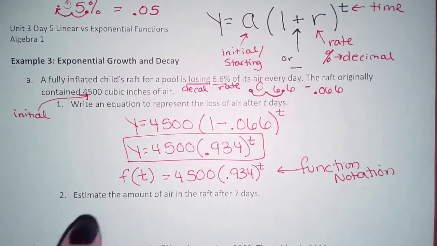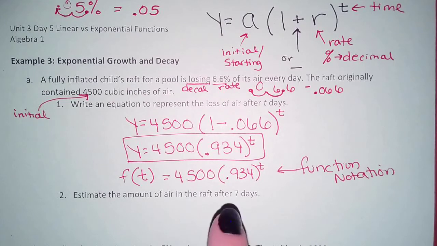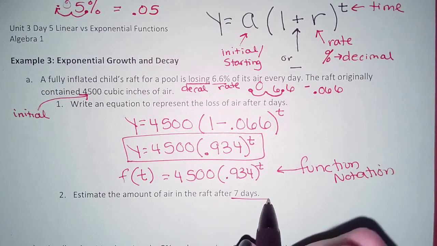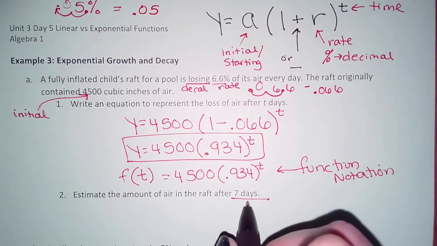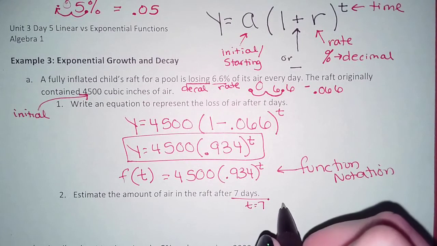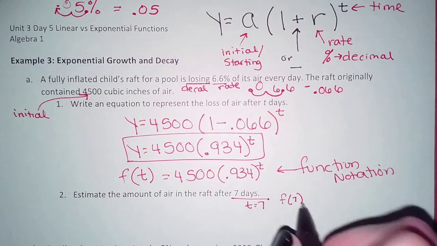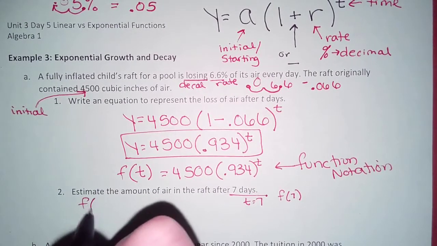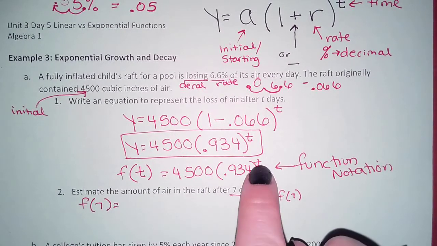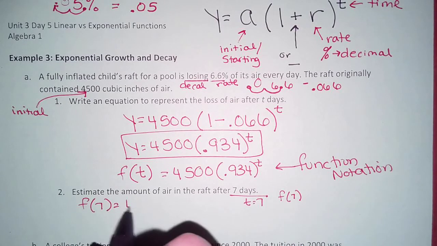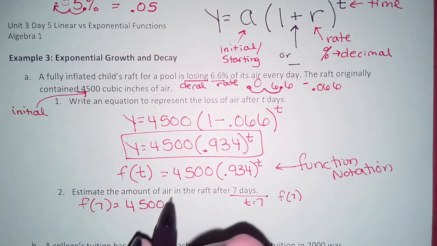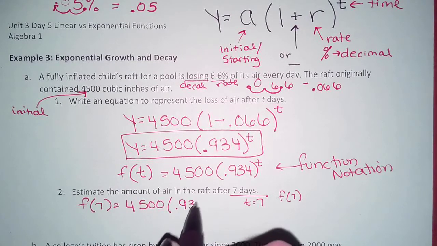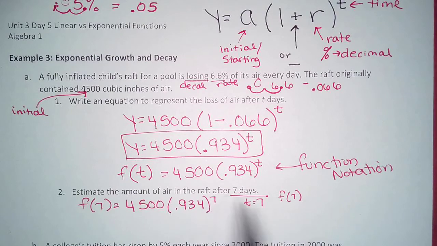Part 2 says estimate the amount of air in the raft after 7 days. So we're going to say when t equals 7, what happens? Or find f of 7. So in our formula, f of 7, we're going to plug in 7 for t. 4,500 times 0.934 to the power of 7.